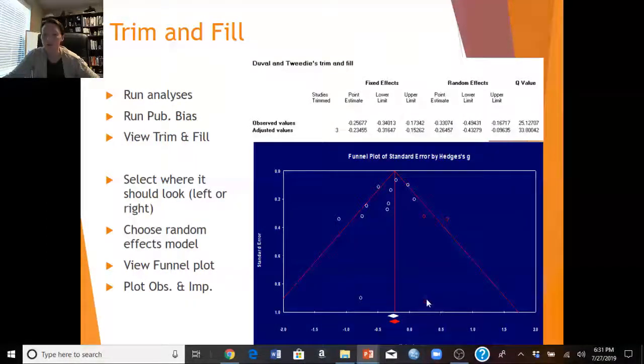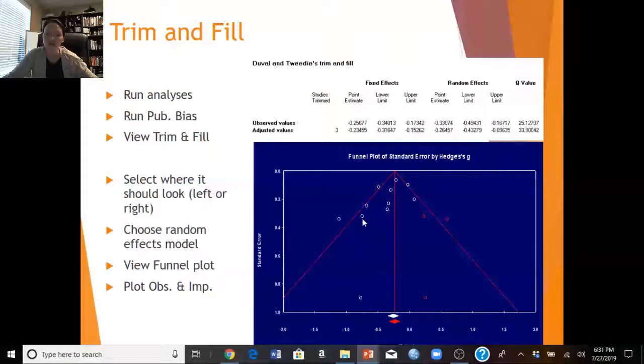And so what that means is that these three studies here in white were actually trimmed from the analysis because there were no matching studies on the equitable other side of the distribution. So it's basically showing that there's too much significance over here. There's a little bit of an overestimation of significance and there's not anything over here.